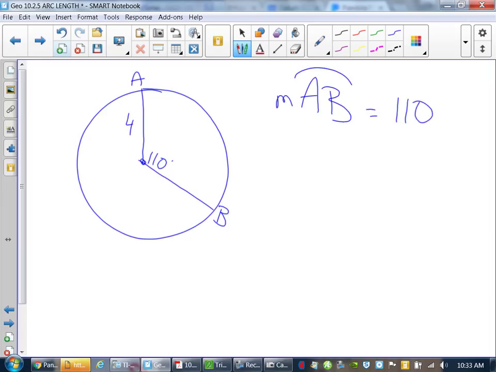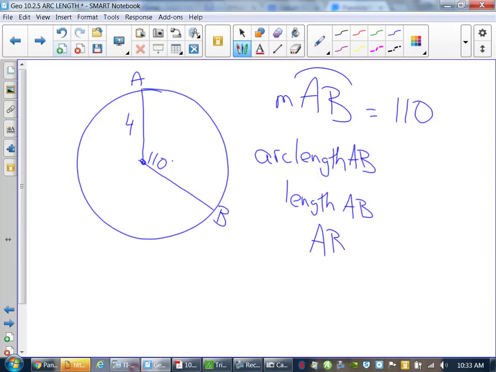Now when we do this, we're going to write it out as what's called arc length. You're going to see it written a couple of different ways. You will see it written as arc length AB. It might say length AB, and sometimes it might just say AB.